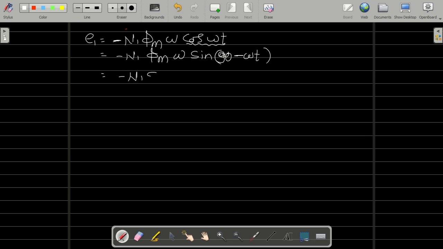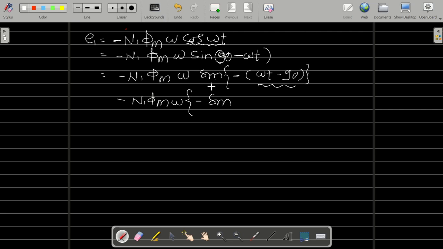Minus n1 phi m omega sin. Taking the minus sign outside, omega t minus 90. Suppose this is theta, so sin minus theta is minus sin theta, so a minus comes here, and minus minus cancel. I took it to cancel this.